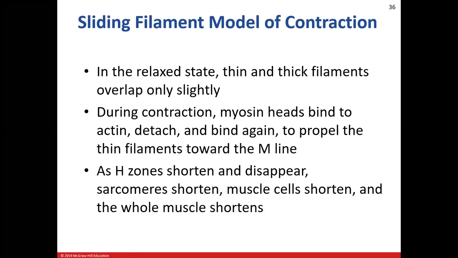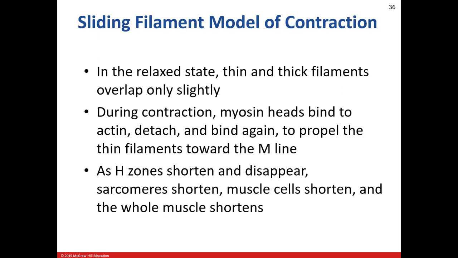So when we look at what the sliding filament model of contraction is, we look at both a relaxed state and a contraction state. In the relaxed state, we're going to see that the thin and the thick filaments overlap only slightly. However, during contraction, we're going to see that the myosin heads are going to bind to the actin molecules and they're going to detach, then bind again.